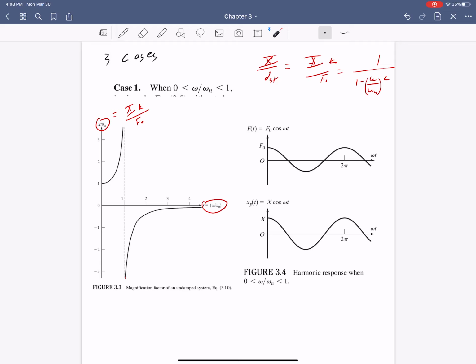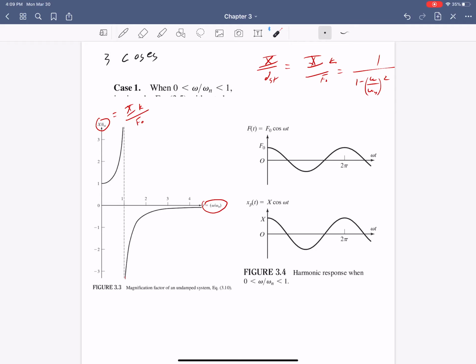As you increase your driving frequency omega from 0 up towards 1, we get essentially an infinite amplification factor, or amplitude ratio. Another important thing to notice is that when you have no driving frequency, omega equal to 0, your displacement is equal to the static displacement. So when you're driving at less than the resonance, your amplitude will always be equal to or greater than the static deflection.